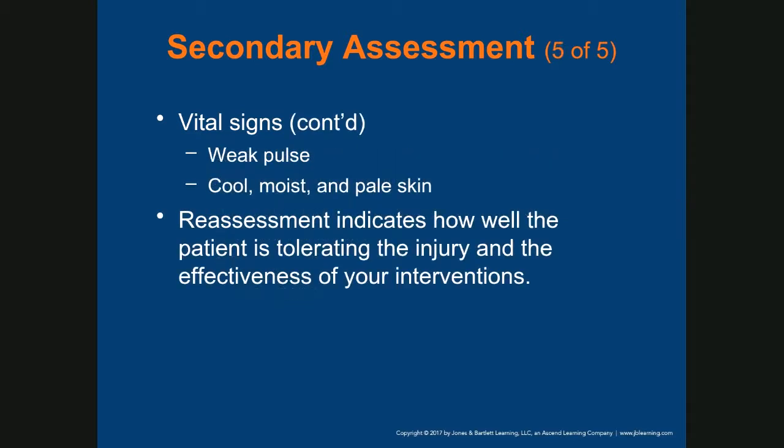Weak pulse, cool, moist, and pale skin. These are important findings that indicate that your patient may have a perfusion issue or may be going into shock. Reassessment indicates how well the patient is tolerating the injury and the effectiveness of your interventions.